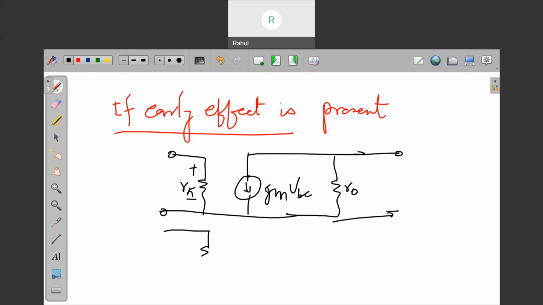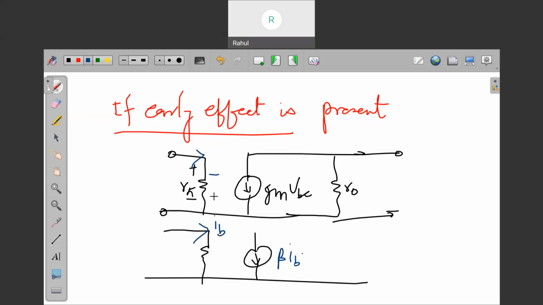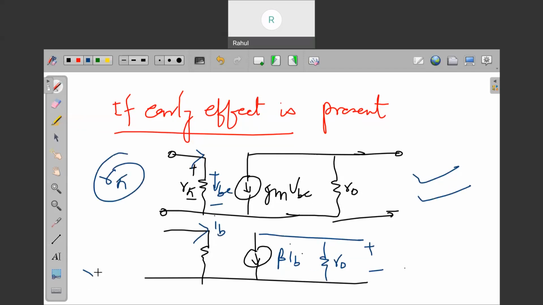The same model, the r pi beta model, has beta IB in place of gm, with the controlling parameter being the current IB, and r naught. So this is the r pi model and this is the r pi beta model.